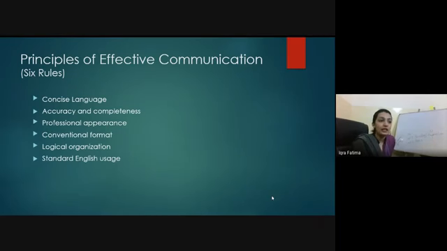If you are saying that I want to meet you, then where and when should be answered in your message in order to have a quick response. So your message should be complete in order to have a prompt response and quick decisions in your business world. Be accurate in your language as well as in your message.